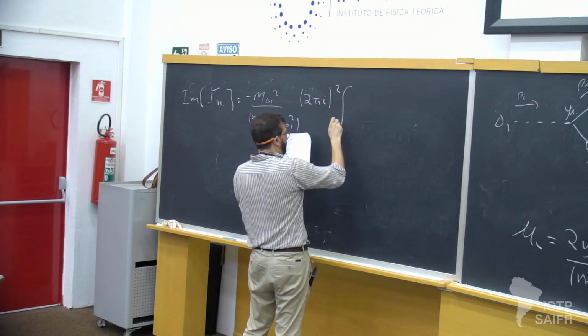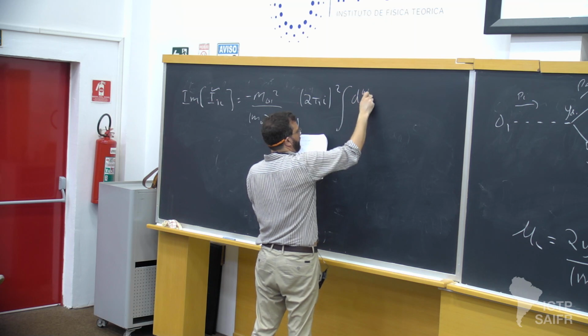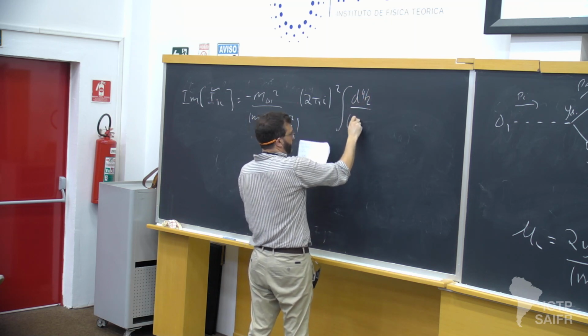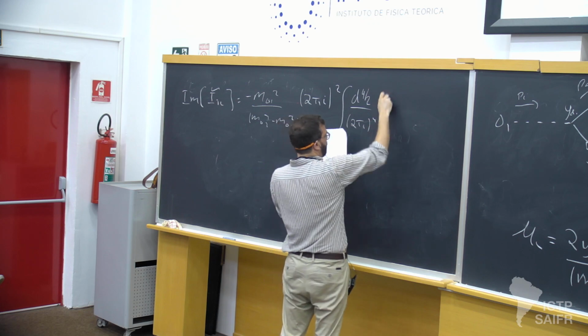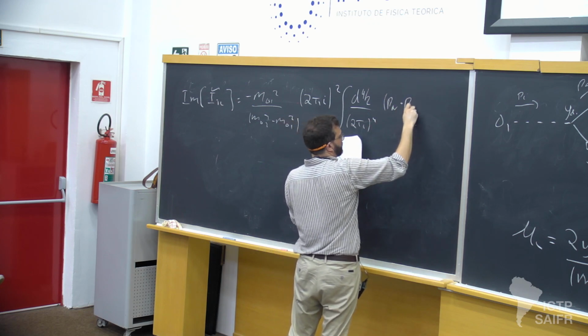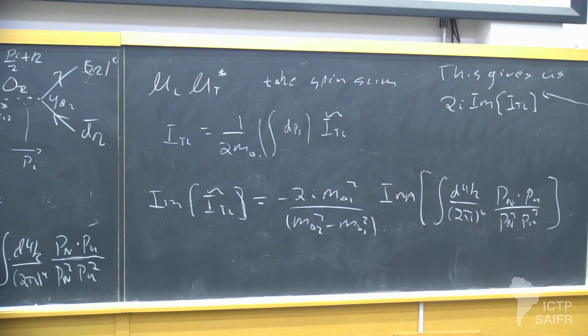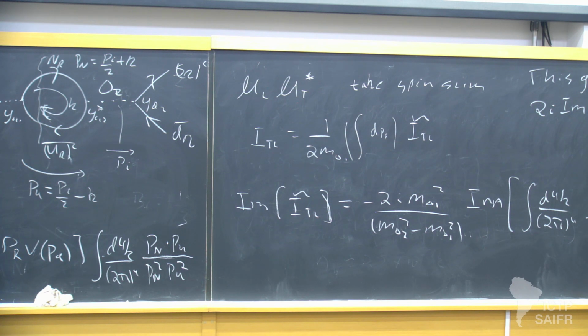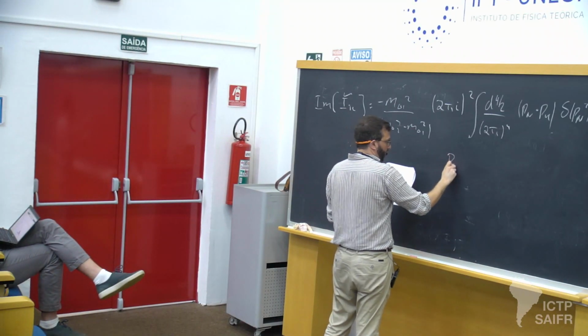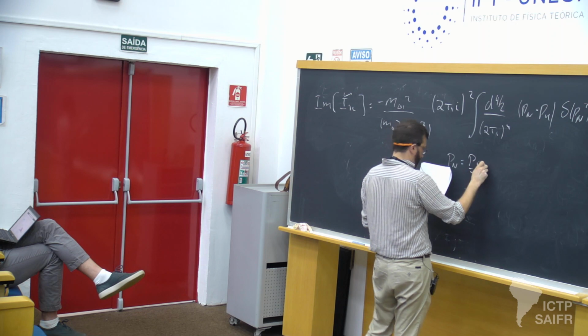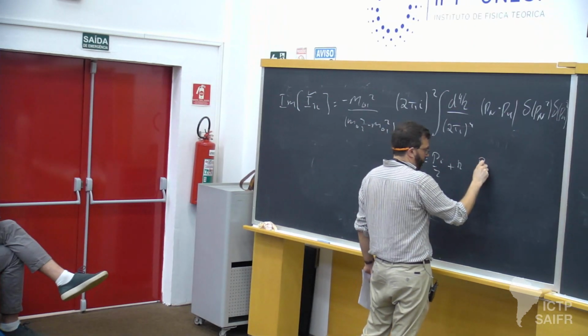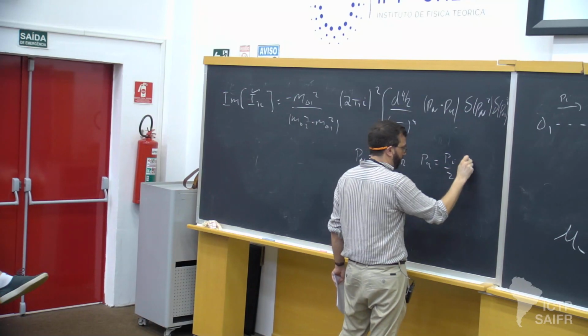Now we have d^4k on 2 pi to the 4, and this here just from the numerator. And now the denominators we can replace with the delta functions: delta of P_N squared, delta of P_U squared, four-momentum squared. And we remember that P_N is P_i on 2 plus k, and P_U is P_i on 2 minus k.